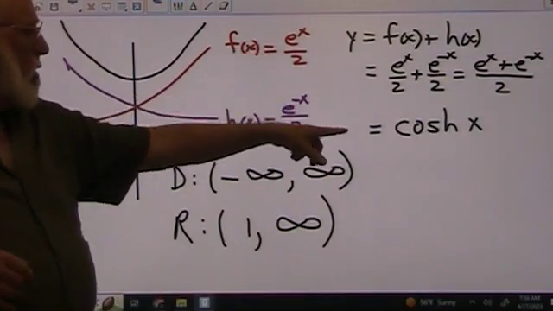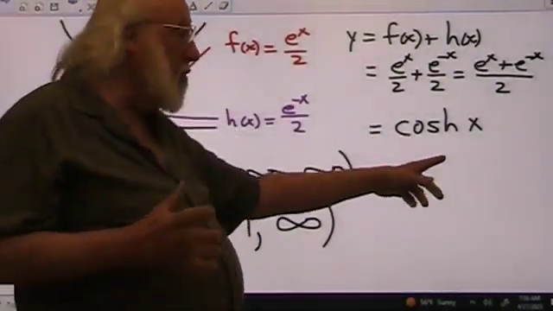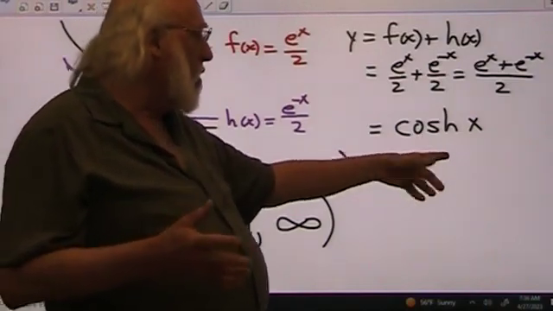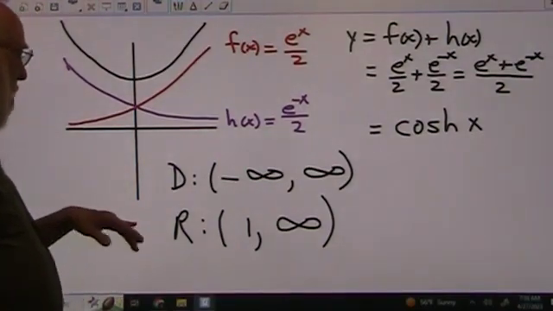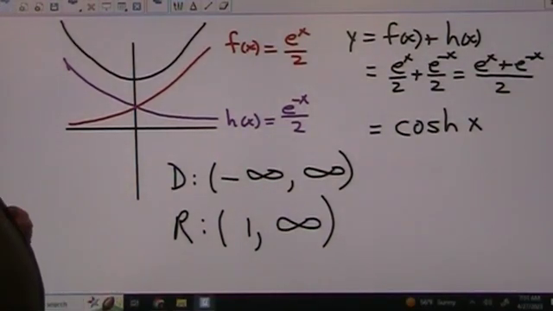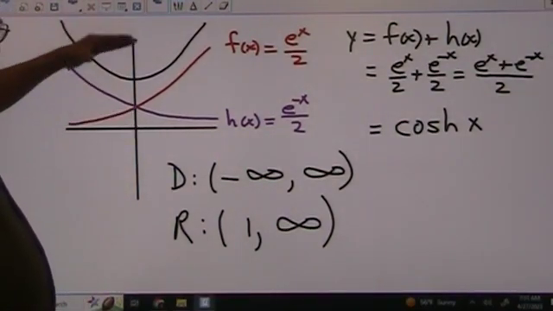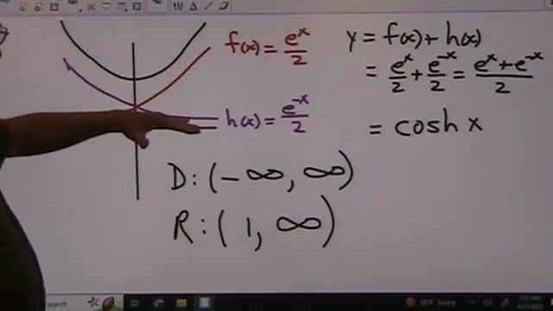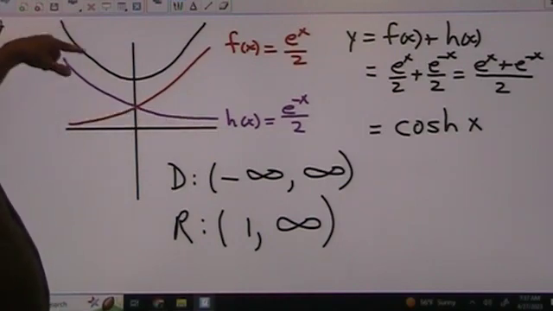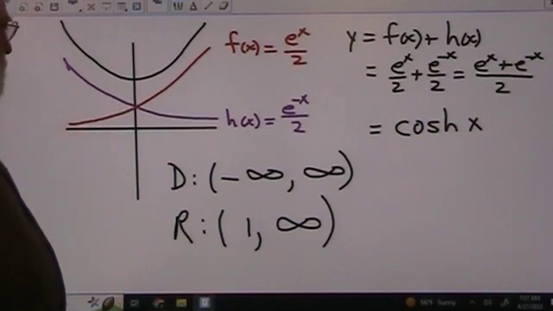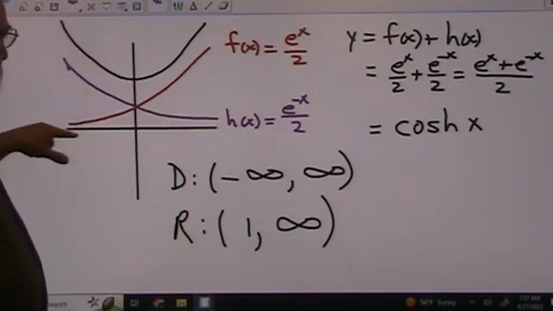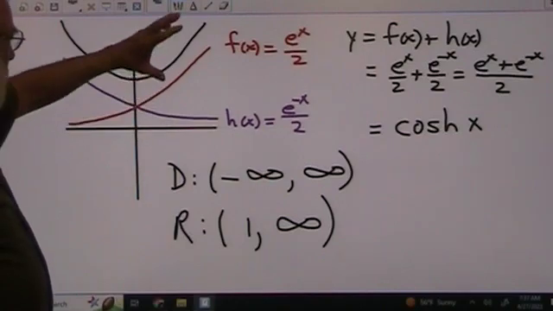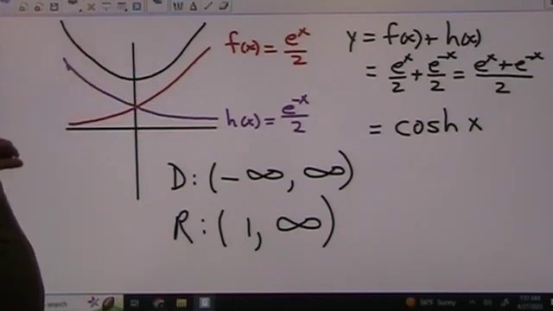So cosh, which is how they define cosine hyperbolically, is e to the x plus e to the negative x over 2. And now the range is from 1 to infinity. So it doesn't approach 0, it approaches 1 right here. And this is our result. Actually, this is the two asymptotic curves, but the sum together gives us this right there.